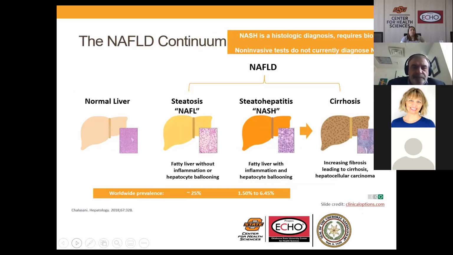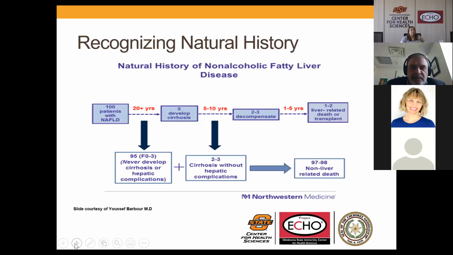Next slide, please. So this is just to visualize how you go from a normal liver, then you start accumulating fat in your liver, then that fat causes inflammation, and if left in place, you end up with liver fibrosis, severe liver fibrosis, and cirrhosis. And next.